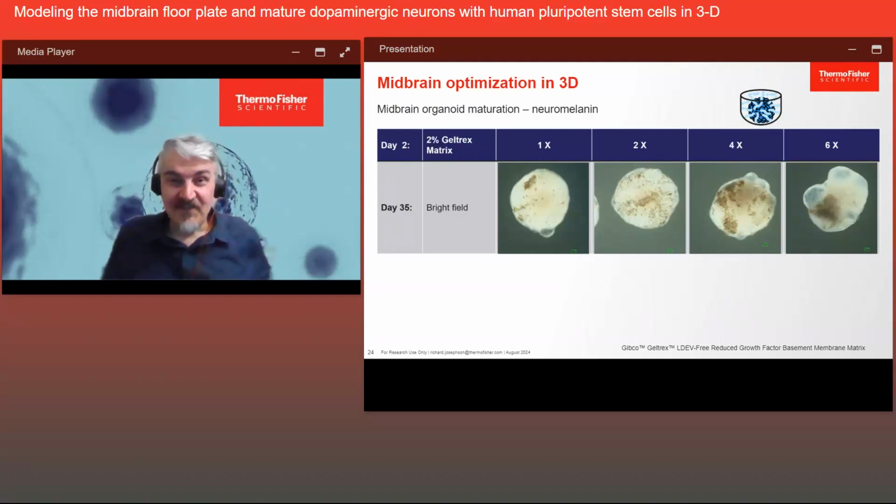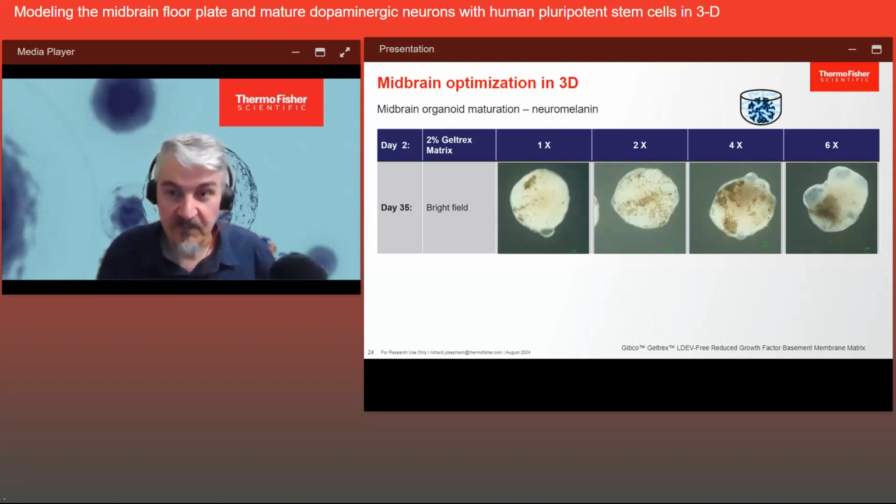Another feature of neuromelanin is that we can use its expression to optimize ingredient concentrations for floor plate specification. So this is a series of organoids that were formed by the microwell 2% Geltrex method. But during specification, we varied the concentration of one of the inducing molecules in the specification mix from 1x up to 6x.